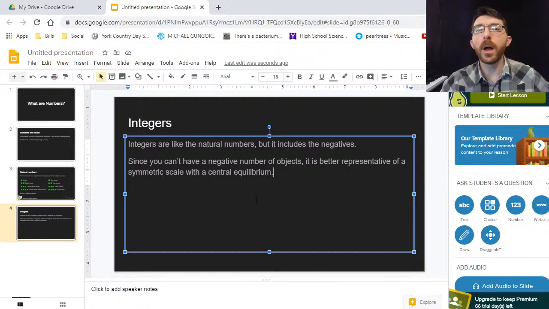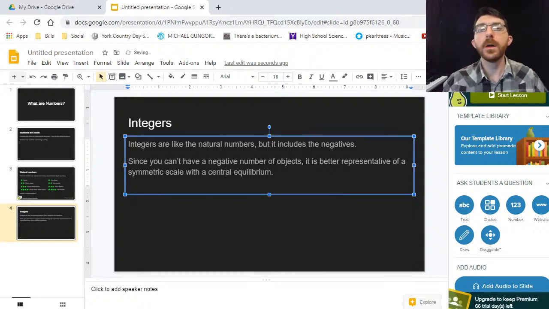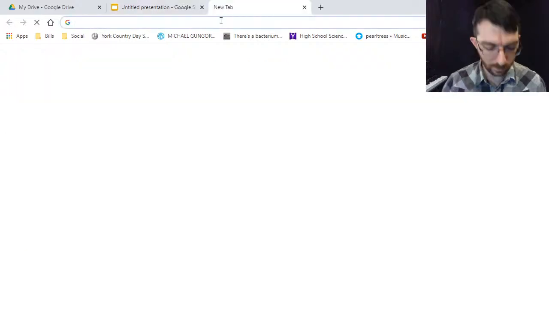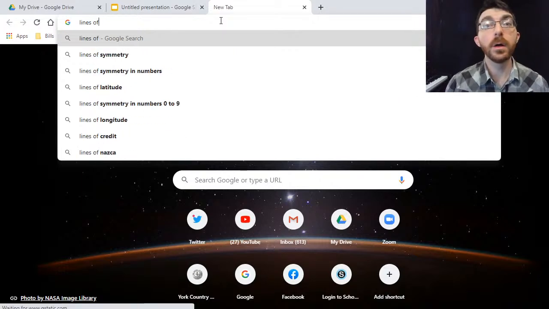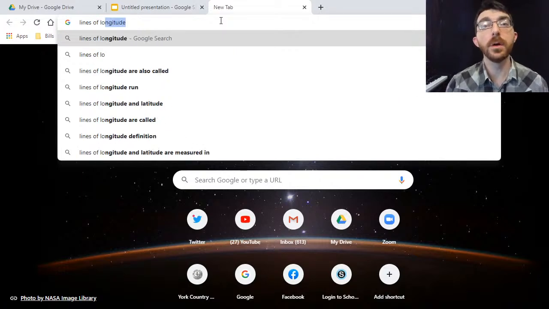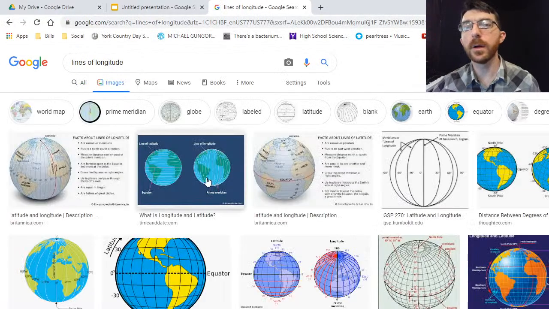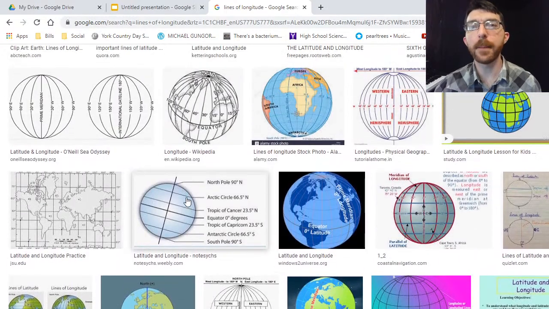Oh, I know. I'll get a picture of a globe with a center. I'm going to take out equilibrium with a center. All right, so this is great. So lines of, I want to do longitude. Let me see if I can get a nice close-up of that. I might need to actually get a picture of a map.